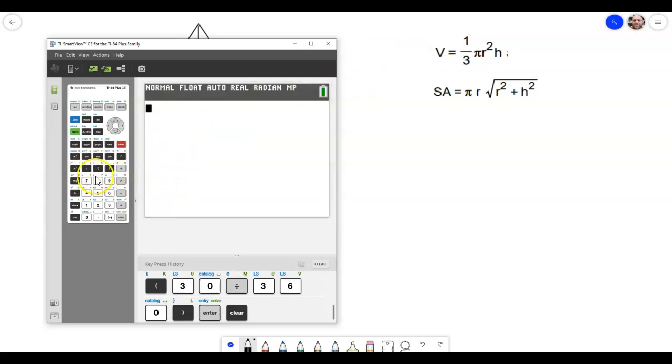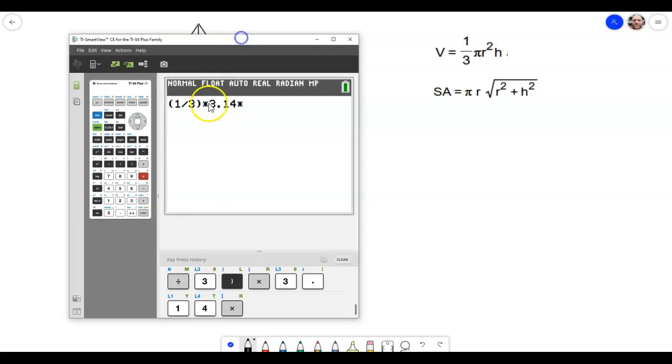All right, so for the volume, I'm just going to do open parentheses, 1 divided by 3. So that's 1/3 times, remember, we're going to substitute pi with 3.14 like it asks us to do. Times, and now we're going to do the radius. Remember, the radius of our base is 3, so that's going to be 3 squared. Hit the little squared key, which is right there.